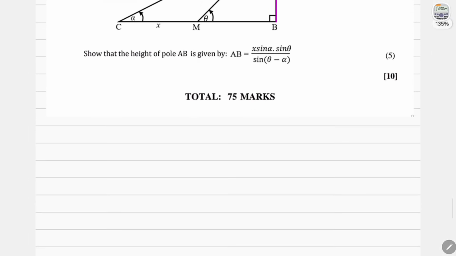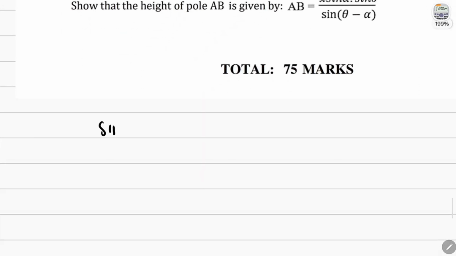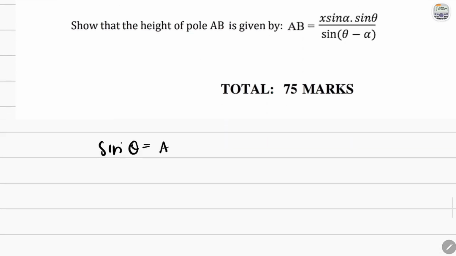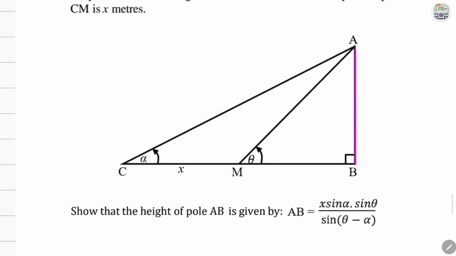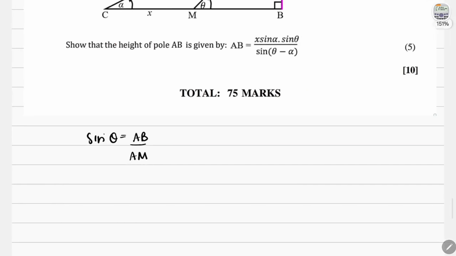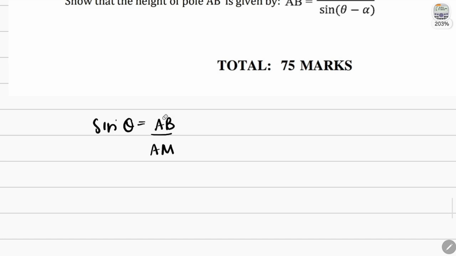Okay, so sine theta. We'll start off there and say that sine theta is equal to the opposite side, which is AB, over the hypotenuse, which is AM. The whole goal is to get AB, so I'm going to make AB the subject so I can see what I need to search for.